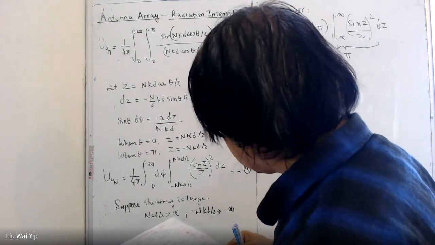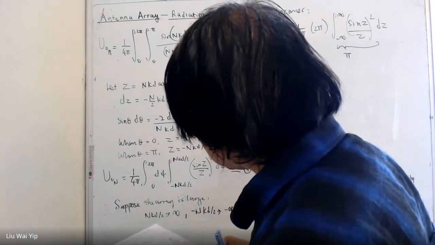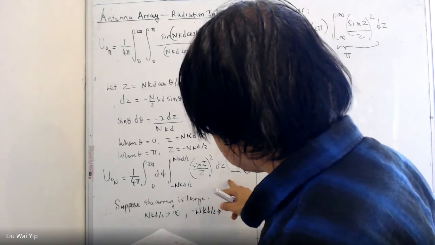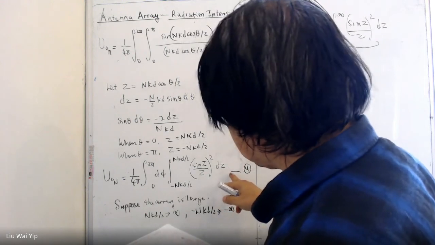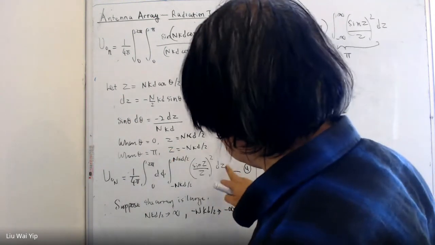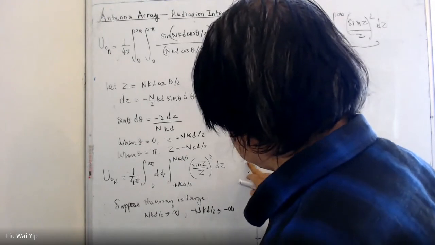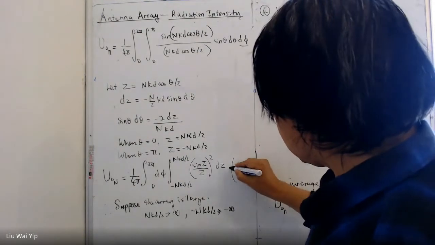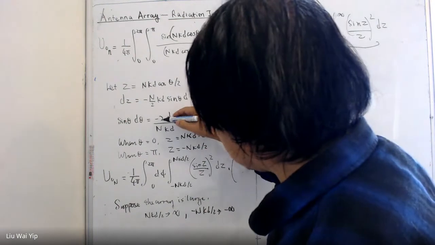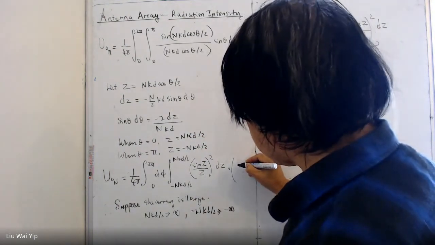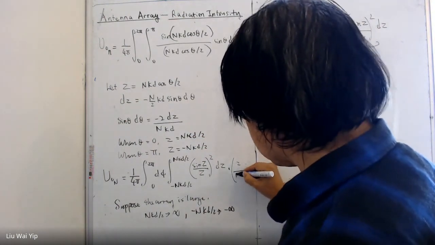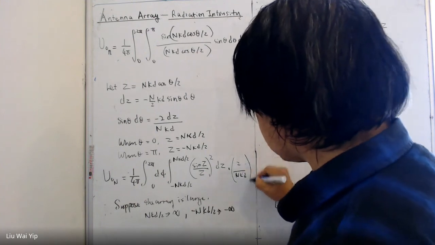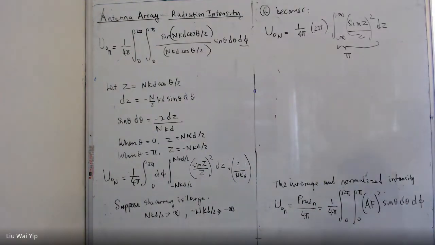Let's see. We missed something, right? We need to multiply this with this one, and this one multiplied by 2.